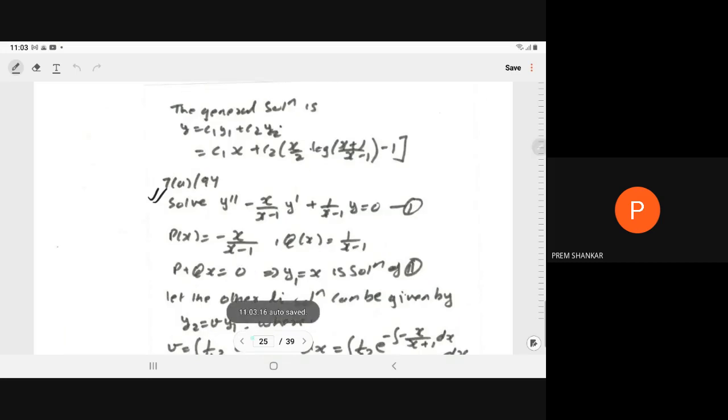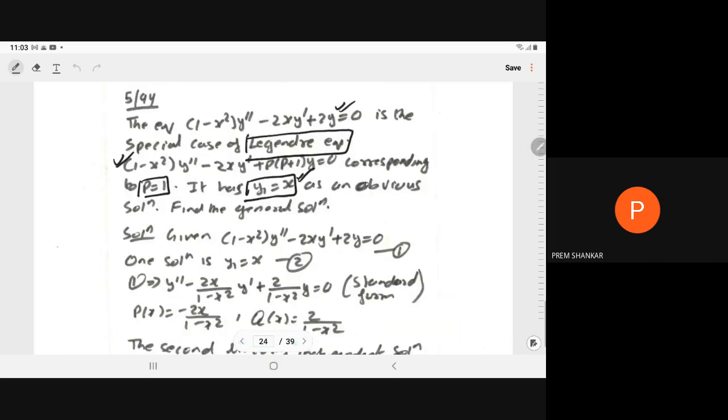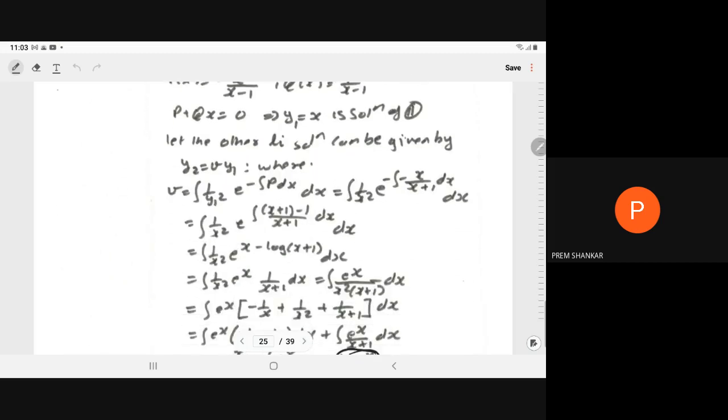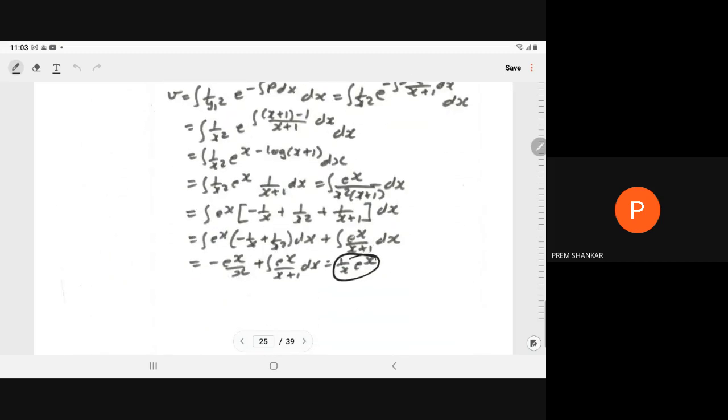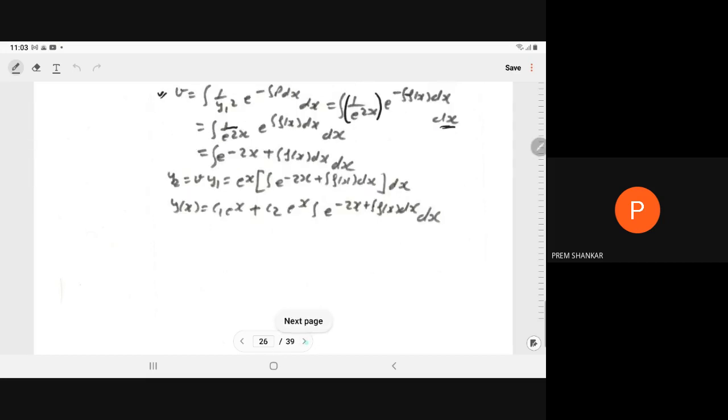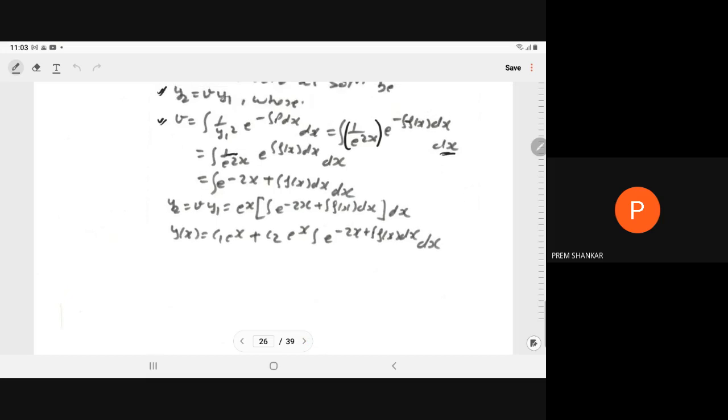And we know that this is the v. So what is the second linearly independent solution? y2 is equal to v into y1.